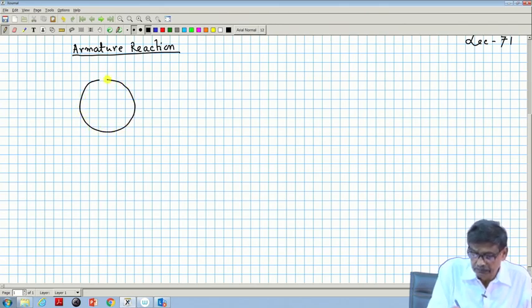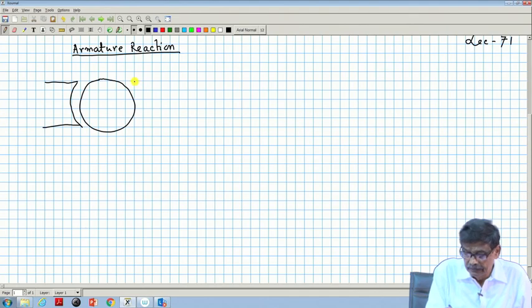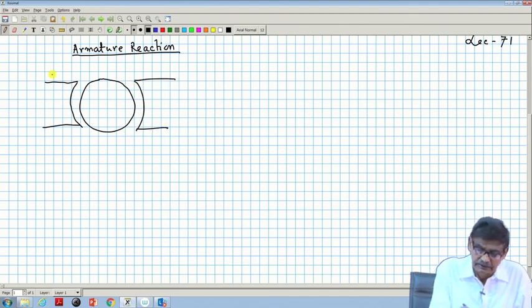Now, before that, recall that this was my armature, and these are my projected poles. I will symbolically show the field winding by one turn. Suppose this is the south pole and this is the north pole, and lines of force will go there.